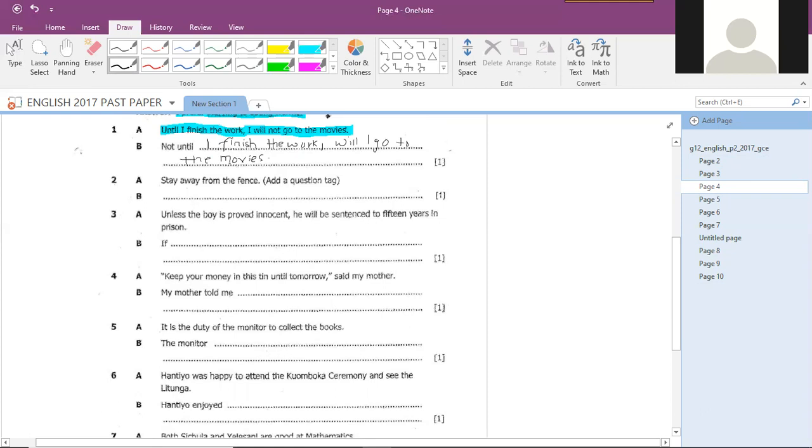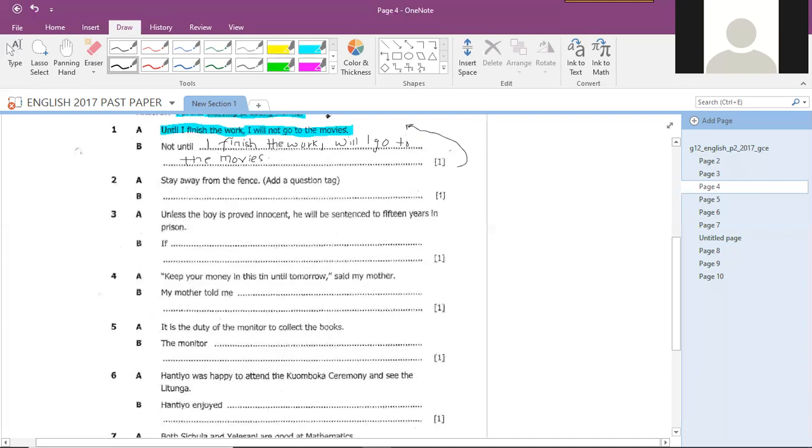So you've seen that this statement, which starts with not until, is almost identical in meaning to the first sentence. In the first sentence, the subject, the I, is telling themselves that until I finish the work, I will not go to the movies. So: not until I finish the work will I go to the movies.